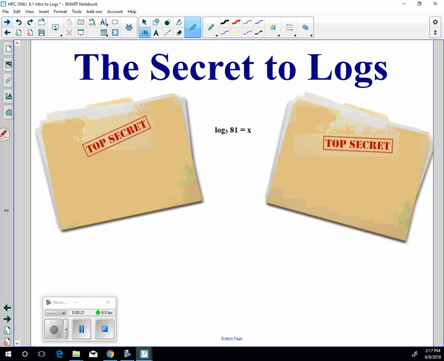And most of the people that hate it are missing just this basic point: whenever you are looking at logs, if you can go from exponent form to log form, you're going to be able to understand logs. So exponent form would be something like 2 to the x is equal to 8.